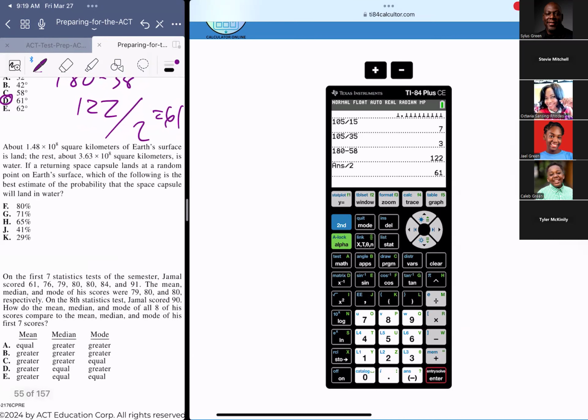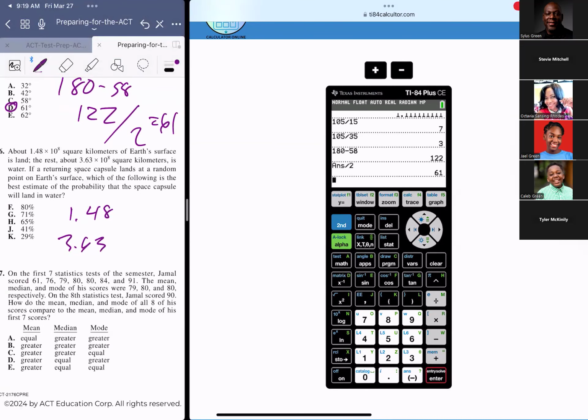So 1.48 times 10 to the 8th is land, and 3.63 times 10 to the 8th is water. Since these are both times 10 to the 8th, I'm not going to plug 10 to the 8th into my calculator, or else it might give me an error because it's too big.